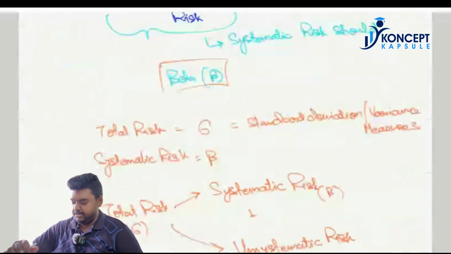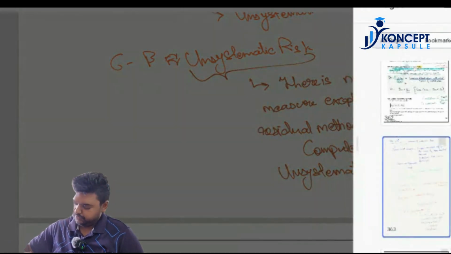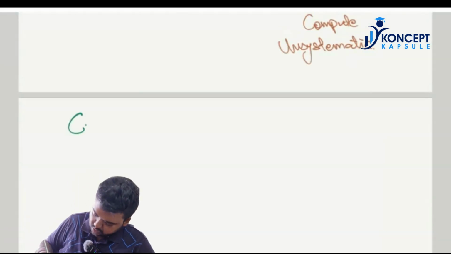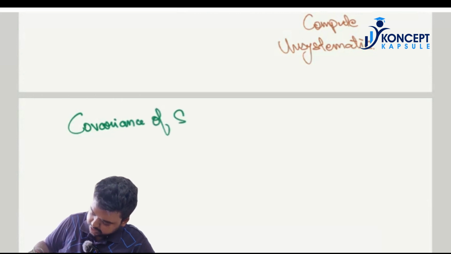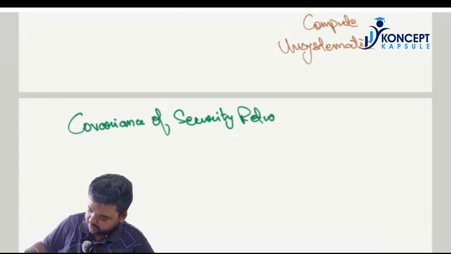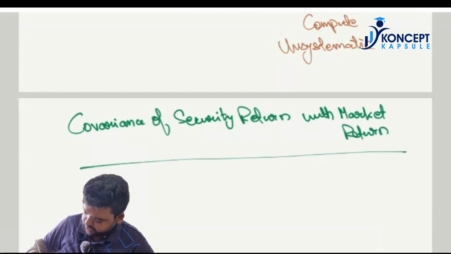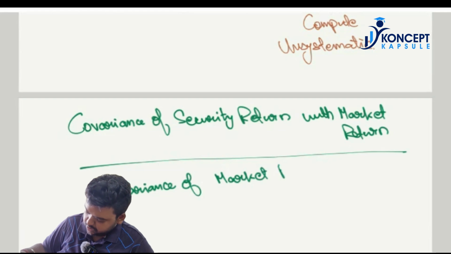Beta is nothing but the covariance of security return with market return, divided by the variance of market return.